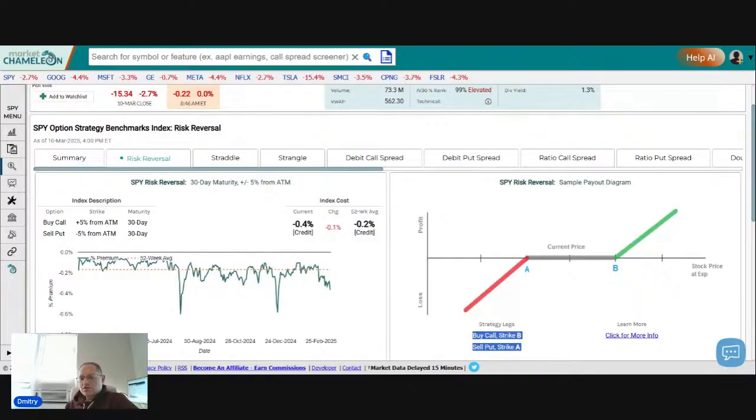And to do that, we'd have to do a benchmark. First, we'd have to look at certain days to maturity. So here we use a 30-day constant maturity option. The reason is, if we look at an option expiration and track it, every day that expiration gets closer and closer.